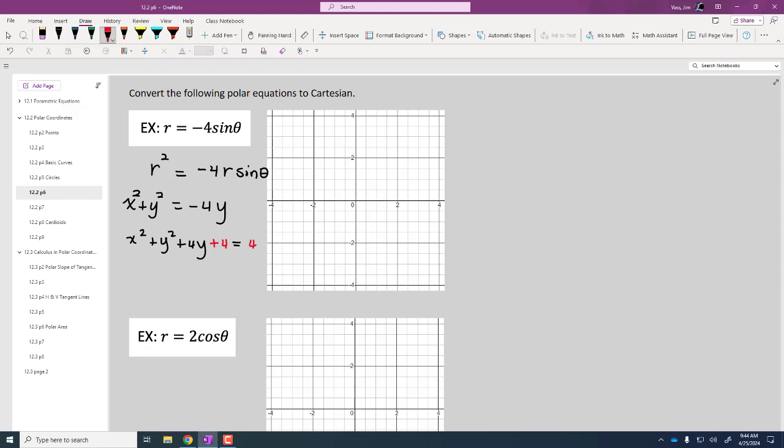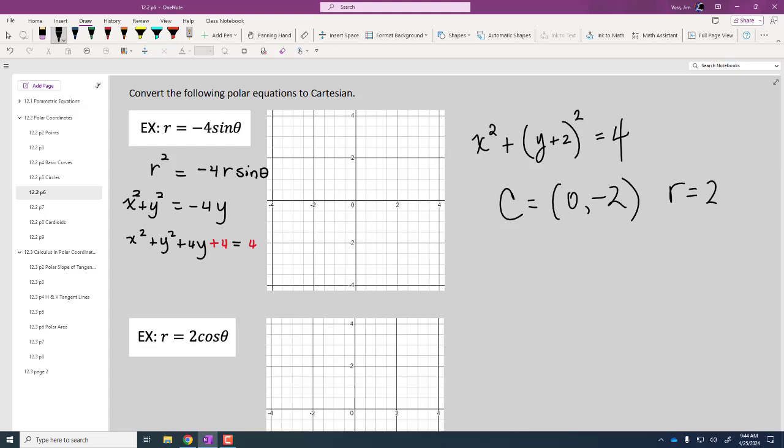So the coefficient of the linear term is 4, chop it in half and square it. And now we can write the equation of this circle in standard form. We're going to have x squared plus y plus 2 quantity squared equals 4. So this is a circle that has center 0, negative 2, and it has a radius of 2.